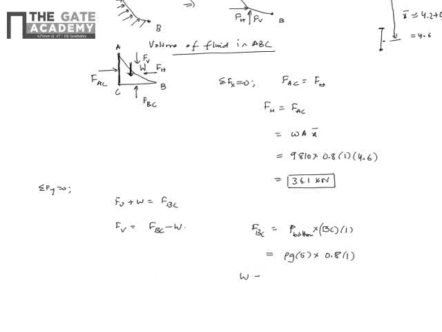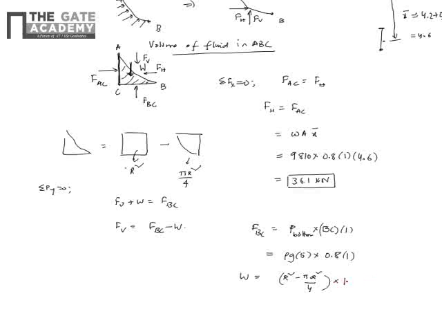Now what is the weight of this fluid? The weight of this fluid is nothing but the total fluid, which I can write as the total minus this circular part. So this area is R into R, so R square, and this is a quarter circle, so pi R square by 4 is its area of cross section. So R square minus pi R square by 4 is the net area of cross section, into perpendicular width, which is 1.